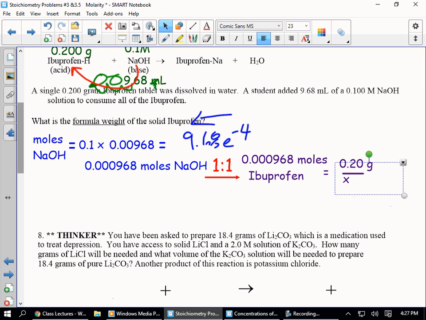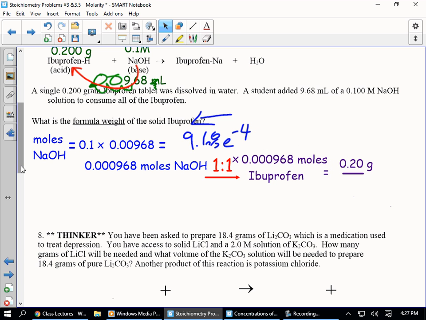So all we're going to do is bring X up to this side and make that equal over here. I know that looks kind of interesting, so I'm going to rewrite this. So we have 0.000968X is equal to 0.2. Now you know how to solve for this.